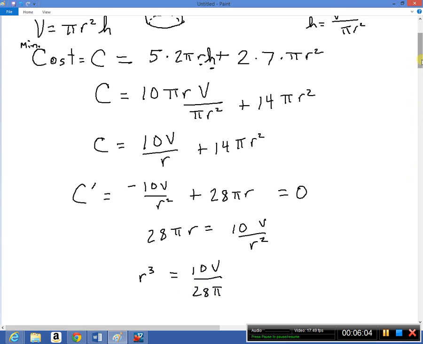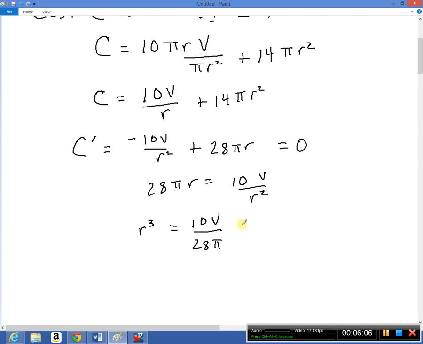And 10 over 28 of course reduces a little bit to 5 over 14. That doesn't much matter. But this is a constant, 5v over 14 pi, whatever that is. And so r is going to be the cube root of 5v over 14 pi. Which of course doesn't help us too much in terms of figuring out what's going on.